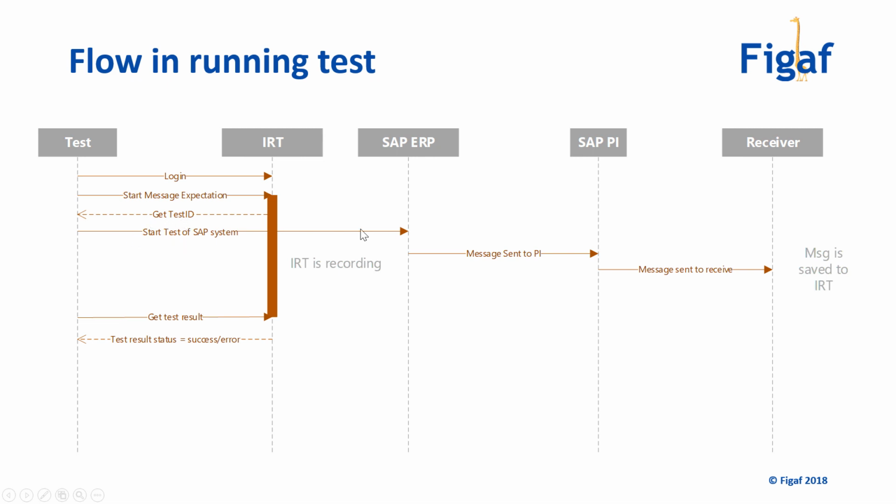Then you'd start your UFT system and say, hey, create the sales orders that you want to create. It will create them and send messages to the PI system that will be received by the receiver. Then you'll call the IRT component again saying, hey, I got this test case ID. Do you have any messages? And it can give you a success, an error, or it can say this was the difference that we got.